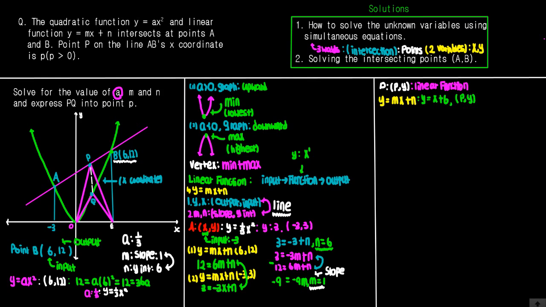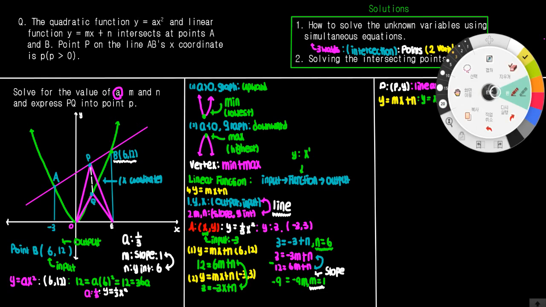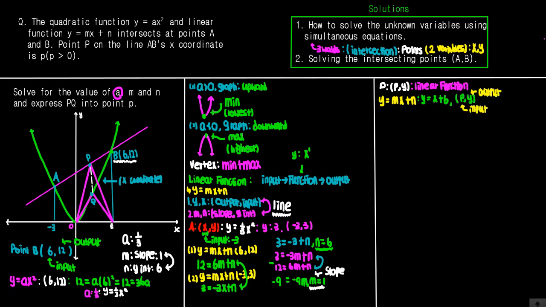So if we input our p as the input of our function, and our y as the output of our linear function, it is going to be y is equal to, m is 1, so p plus 6. So the full coordinate of our P is going to be p, comma, p plus 6. This is going to be our point P's coordinate.